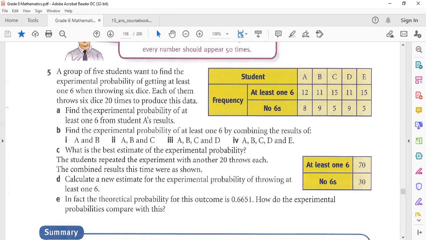Okay. First one, we need to find the experimental probability of at least one six from the student A result. So that probability will be equal to 12 plus 11 plus 15 plus 11 plus 15, 30 and 32, 54, 64.